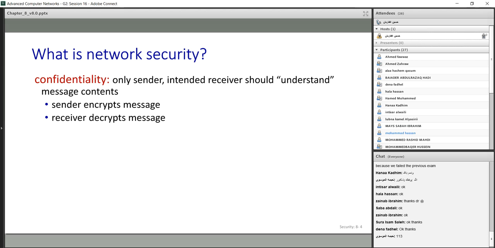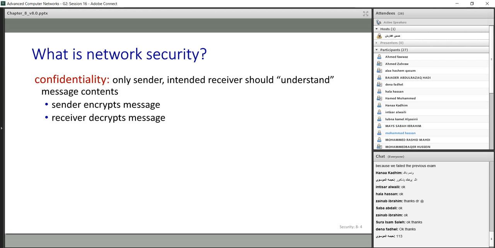So when we talk about confidentiality, we are looking for this. Encrypting a message, sending it over a common network, a common platform over the internet. It means that someone else can stand in that network. It's not a dedicated network. Someone else can sit over that network and hear my message.